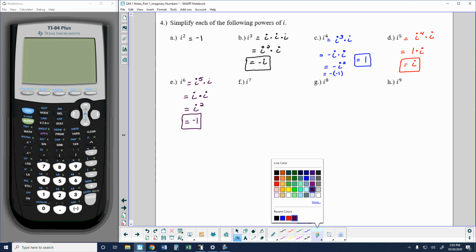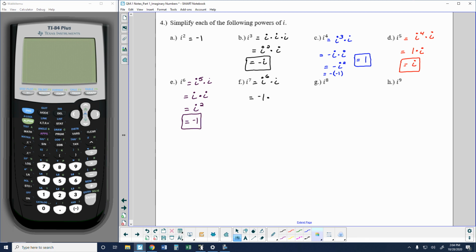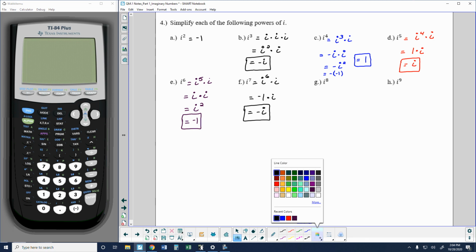Now on to i to the seventh. i to the seventh is just i to the sixth times i. i to the sixth is -1. We just found that out. So -1 times i is -i. We can continue this pattern.